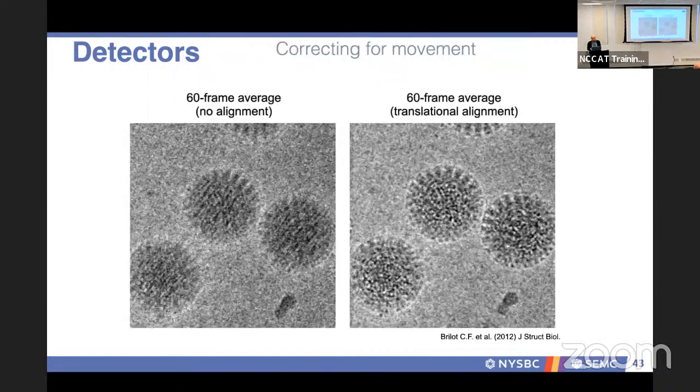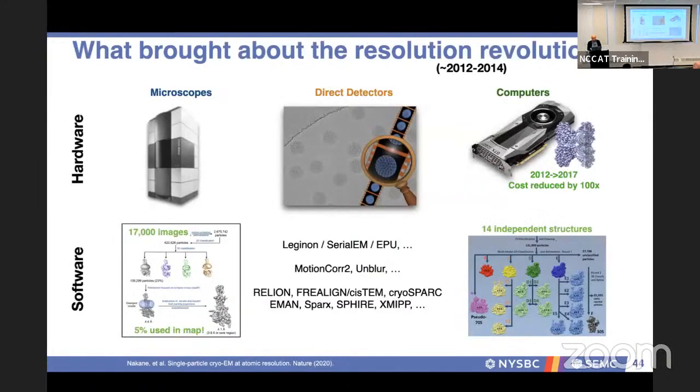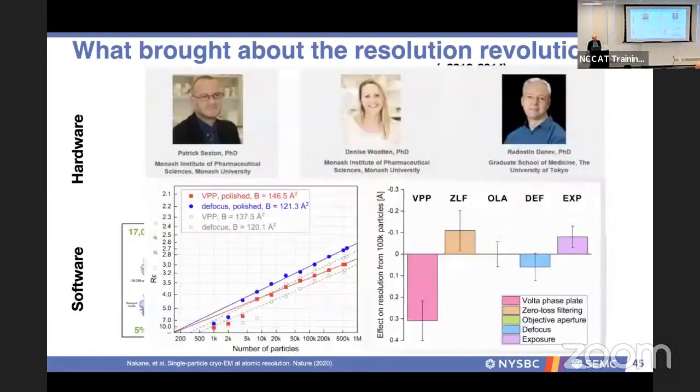And that's where you would do not only whole frame alignment, but per particle alignments. So as you see, in terms of the resolution revolution, the microscope is a key part, and the detector is coupled with that. And something that we'll see tomorrow is more on the computational side.